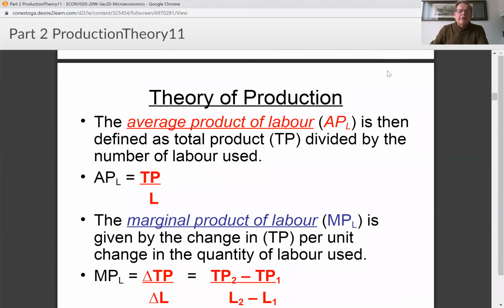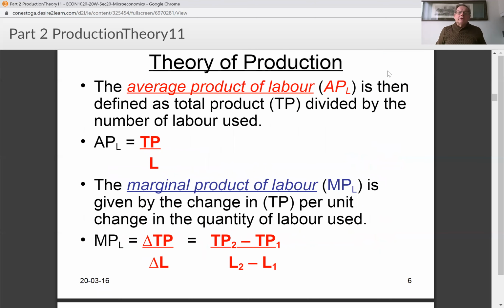So the average product of labor is then defined as the total product divided by the number of labor used. So the APL, the average product of labor, is equal to the total product, TP, divided by L labor. That's the first equation that you're going to have to be working with.